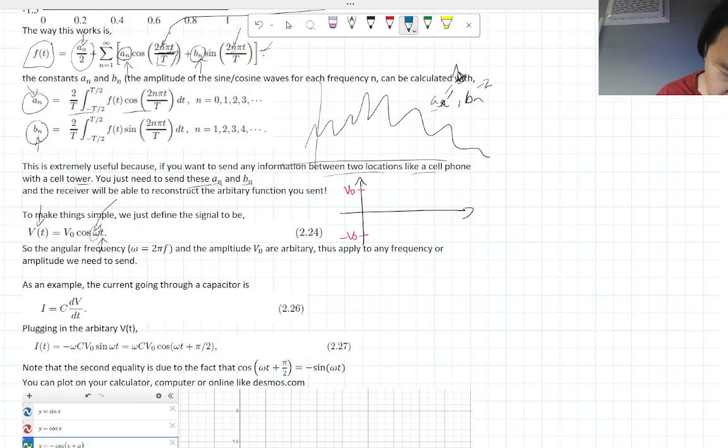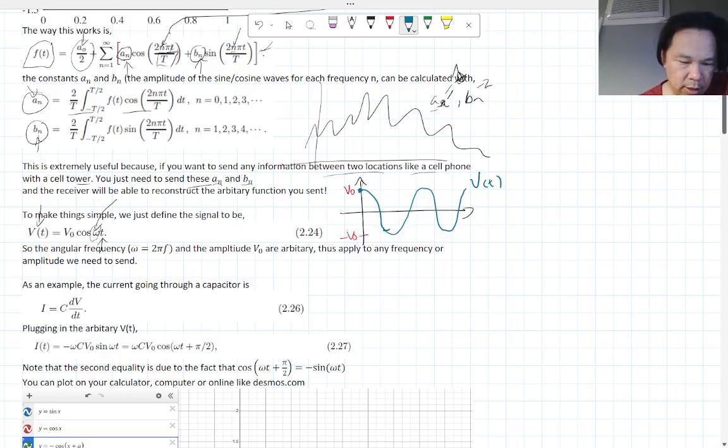Since it's cosine, it starts at 1. So this is V as a function of time. This V0 is arbitrary, and usually that's the amplitude, and that's a lot of times the information that we're sending back and forth between different devices.